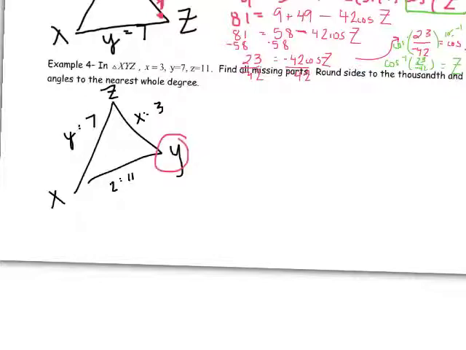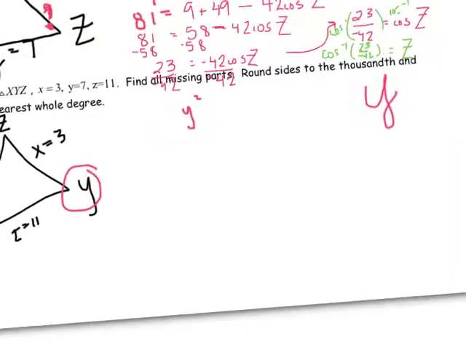Let's pick Y. So if I'm going to end with a Y, that means I'm going to start with a Y. Hopefully this equation is already getting easier for you to memorize.